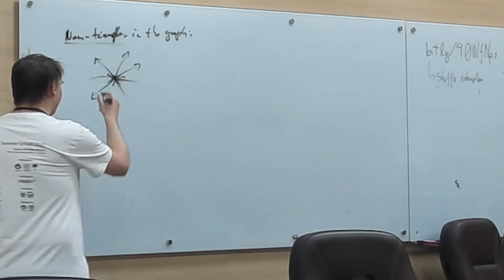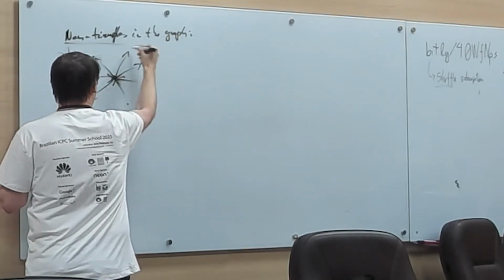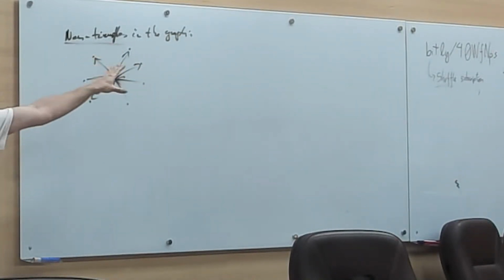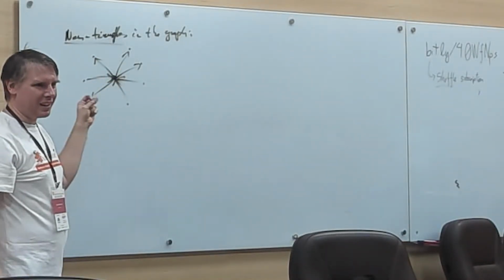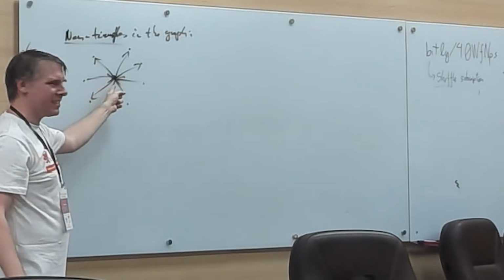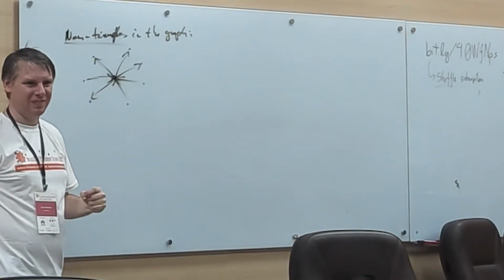We also know that any pair of these endpoints are connected with a directed edge. So what are the non-triangles that we are able to count from the perspective of this vertex?